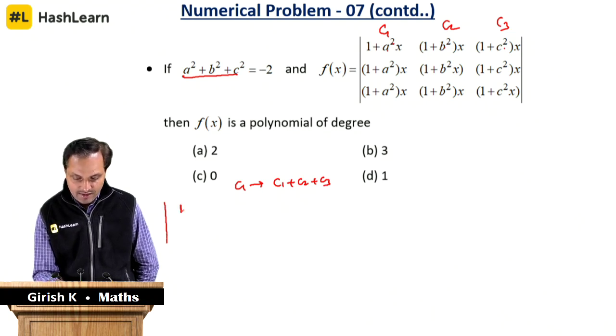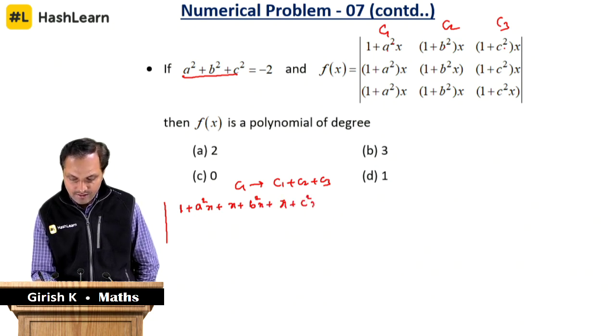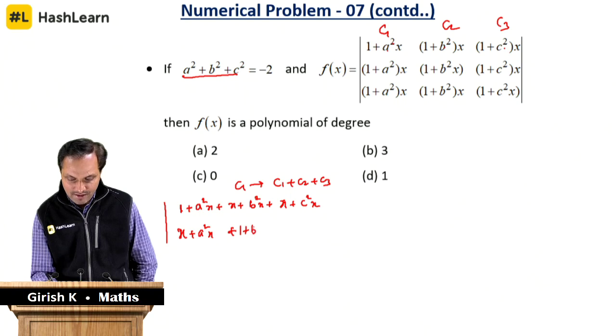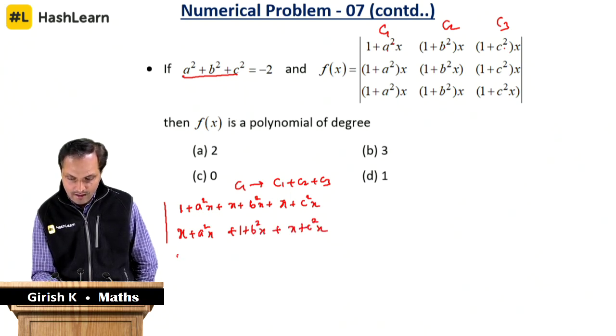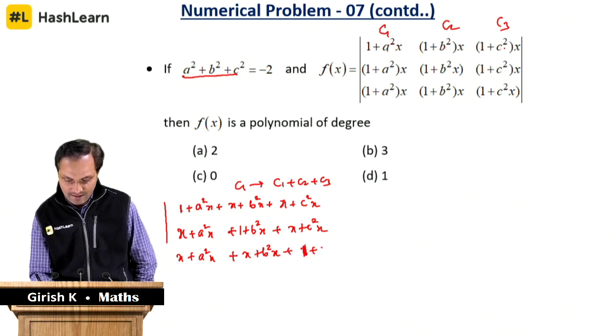That will give you 1 plus a square x plus b square x plus c square x, then x plus a square x plus 1 plus b square x plus x plus c square x, and x plus a square x plus x plus b square x plus x, 1 plus c square x.